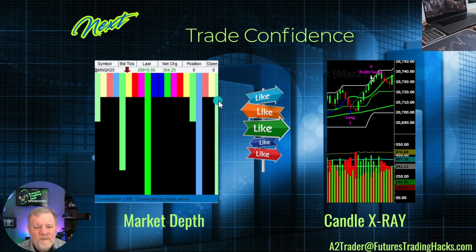The market depth itself, if you think about it, is the matrix turned on its side. This is the current price right here, and these are the number of bid contracts that are in the pipeline, and over here is the number of ask contracts in the pipeline.